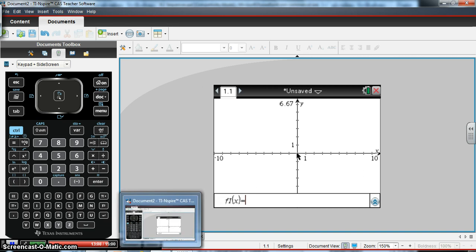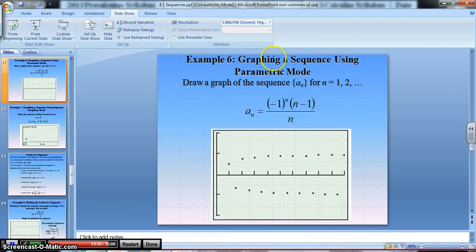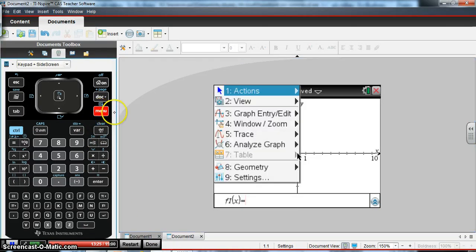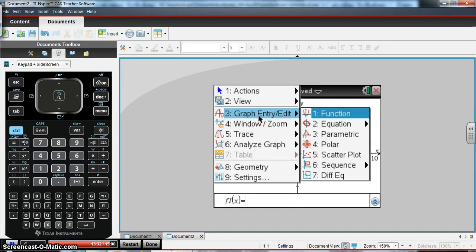Now our function was to be graphed in, if you look here, parametric mode. Now that's not sequential. We do have sequential graphing, but this one is in parametric mode, because you can do parametric graphing for a sequence. So here's what I'm going to do. I'm going to go to Menu on my calculator, and I'm going to go to the graph entry, although it may say graph type on yours.